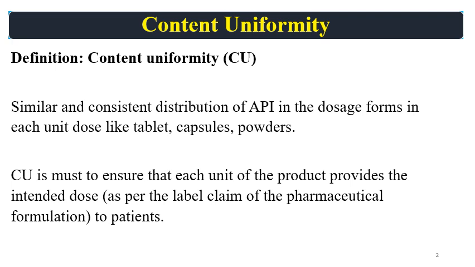Whenever you take the dose of that medicine, you will get the exact amount of drug consistently. CU must be ensured in pharmaceutical formulations, to ensure that each unit of the product provides the intended dose to the patient. That means, as per the label claim, the dose should be there.